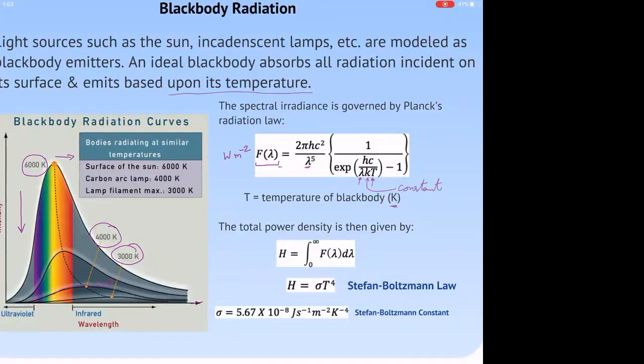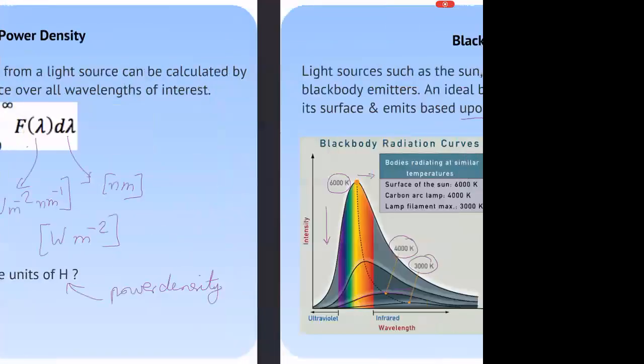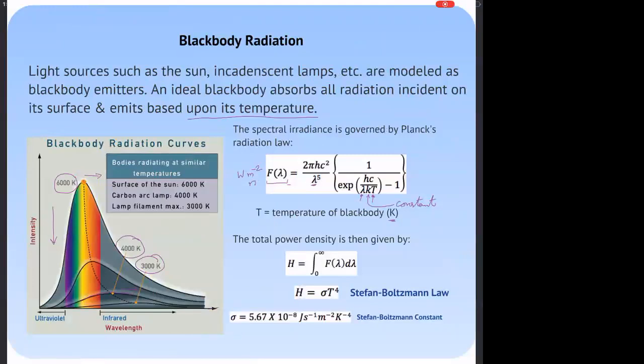Can I ask a quick question? So it seems like the unit of F is watts per meter square as well. Yes, as you wrote beside it. So I assume F and H are kind of interchangeable, since the unit of H is watts per meter square as well. Actually, let's make sure. I messed up.